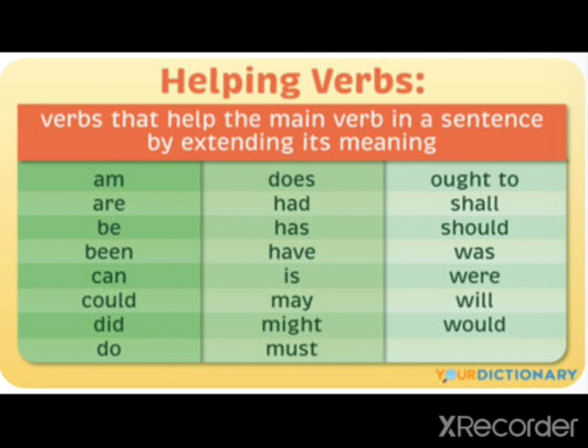Verbs that help the main verb in a sentence by extending its meaning are known as helping verbs. They help the other verbs, and that's why these verbs are known as helping verbs.